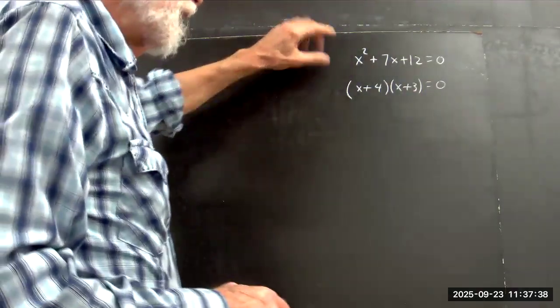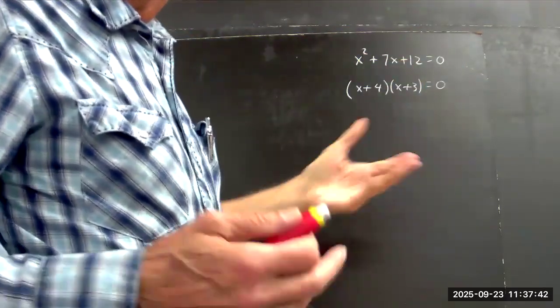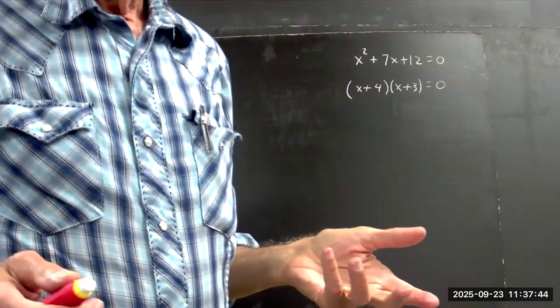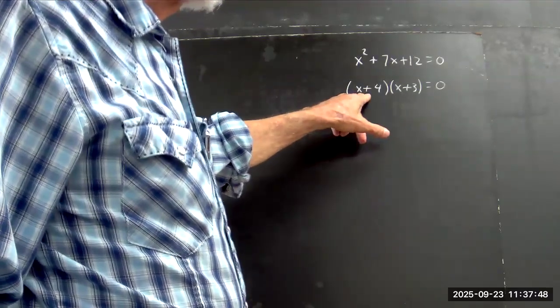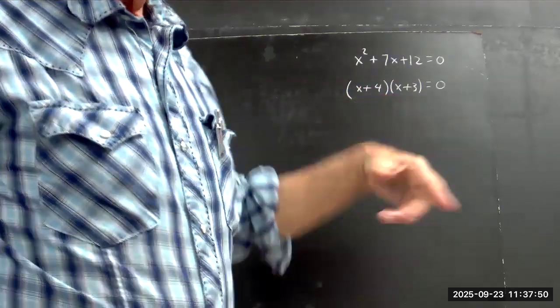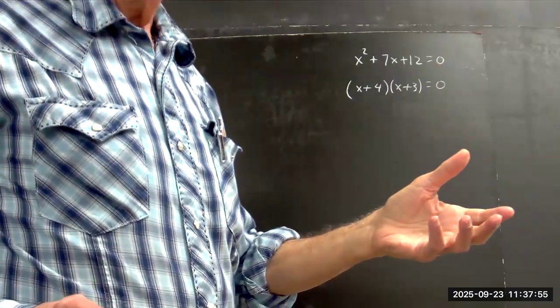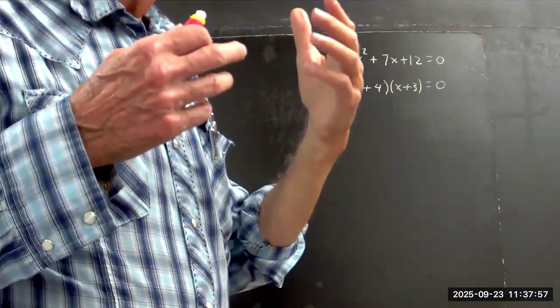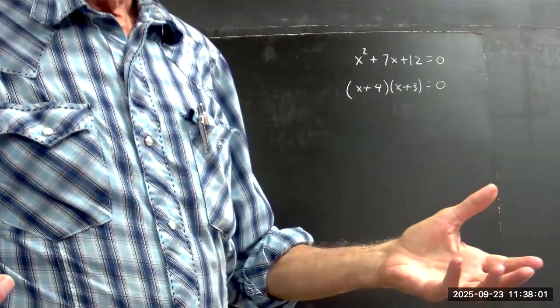Okay, if we get it in this form, then how is the product of this and this equal to 0? How can it possibly be equal to 0? Well, the only way it can be equal to 0 is if this is 0 or this is 0. That makes sense? Are there any two non-zero numbers that you multiply and get 0?